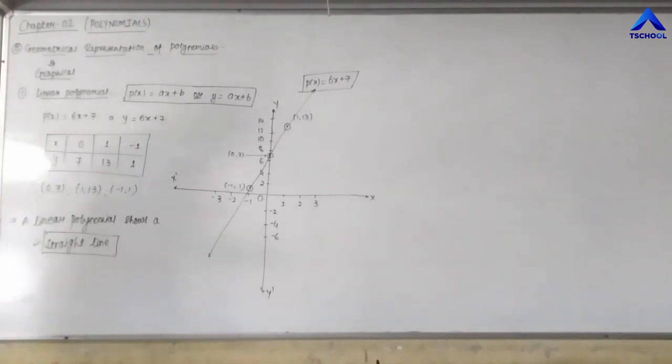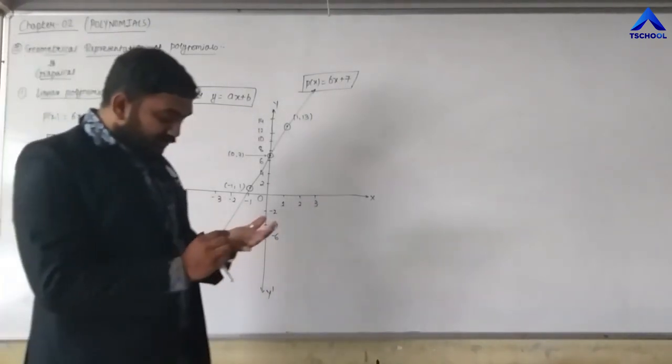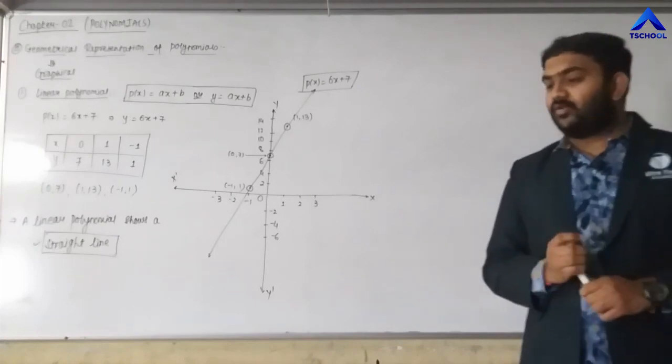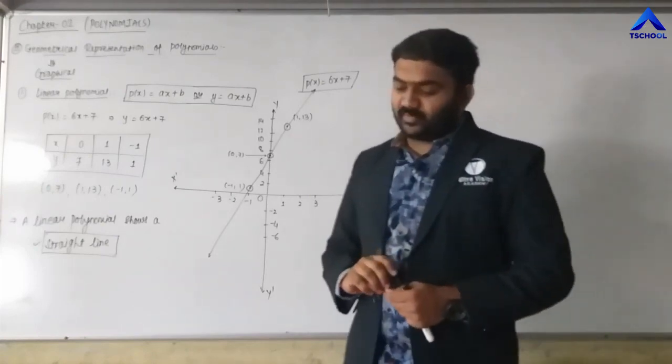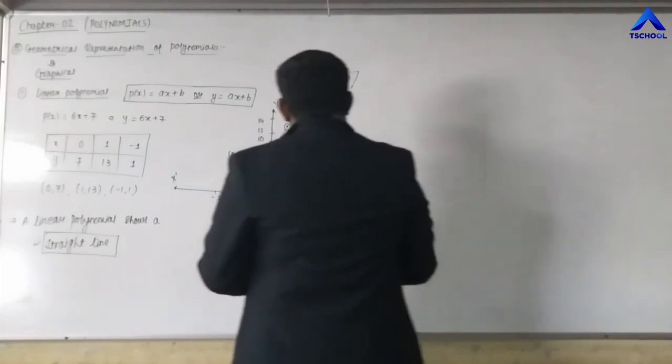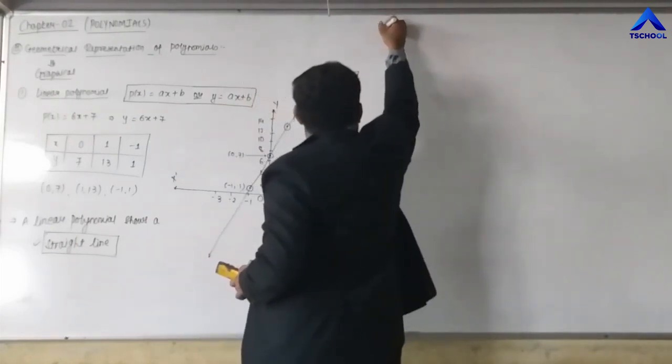Okay. Now, what we are going to do is start with the next thing, that is the geometrical representation of a quadratic polynomial. Right? So let me write down here itself.